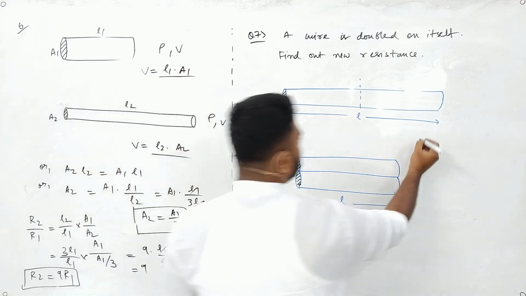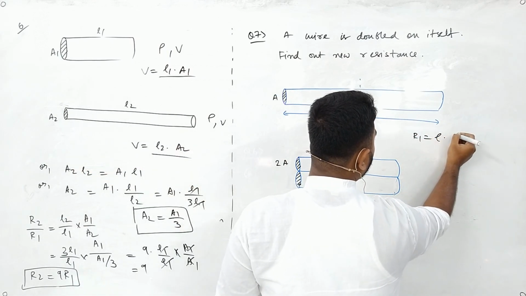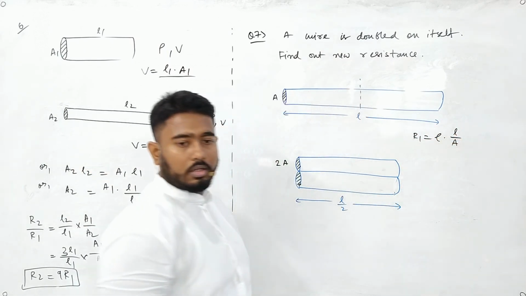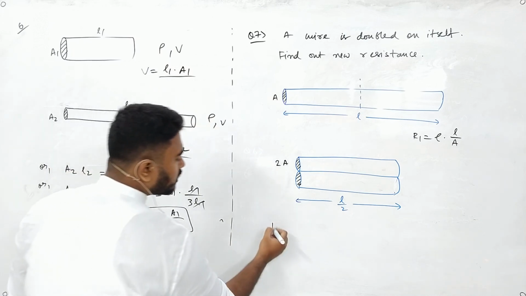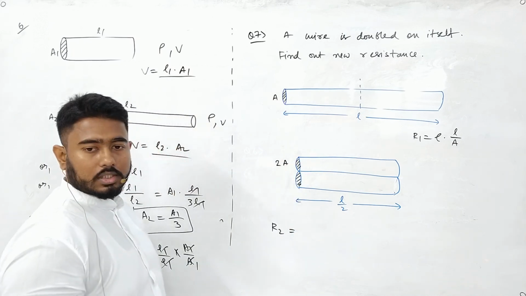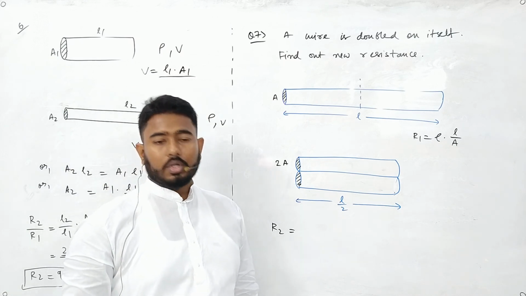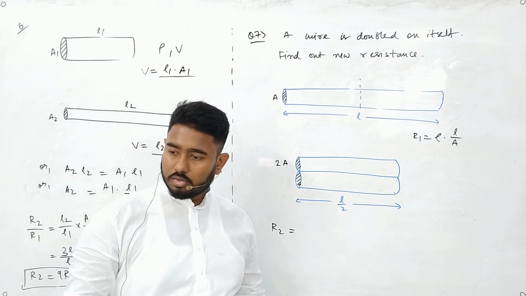Now resistance in this case R1 will be rho L by A, right? Will the resistivity change? No, because the material is not changing, the temperature is also not changing.